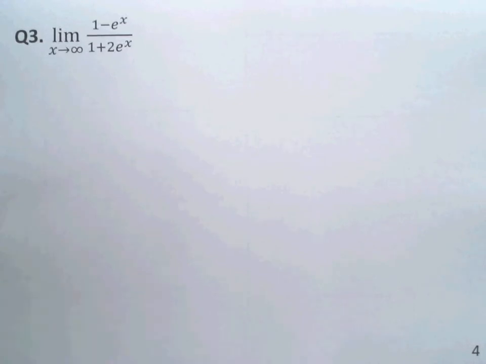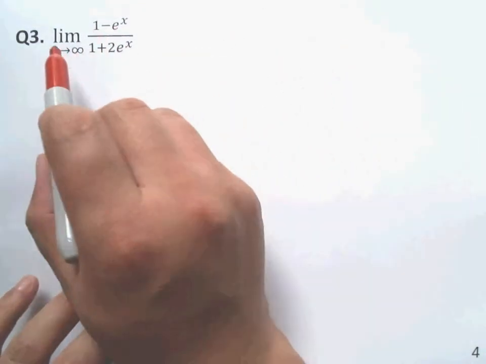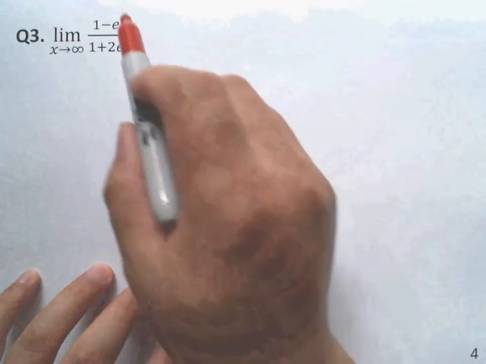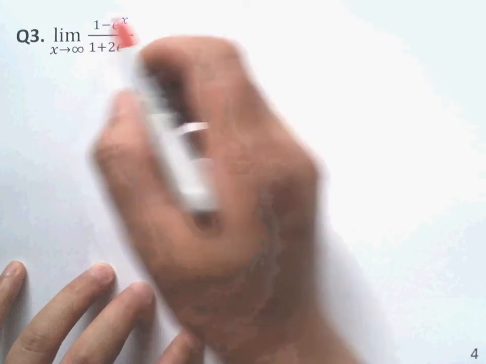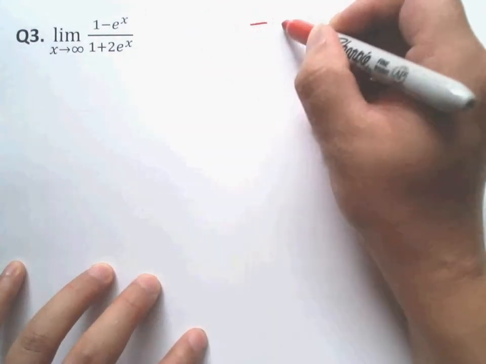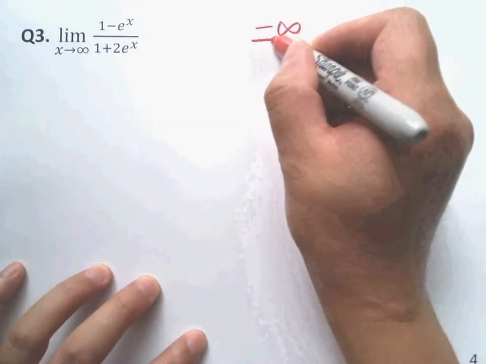One more. Can we look at this question? Still the same idea. First, we look at the form. As x approaches infinity, e raised to the x power goes to infinity, so the top is infinity. Probably you say negative. Good, so let me put negative infinity on top.